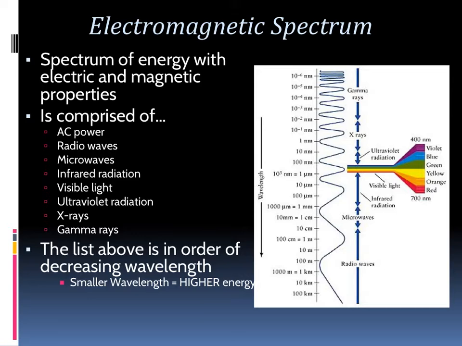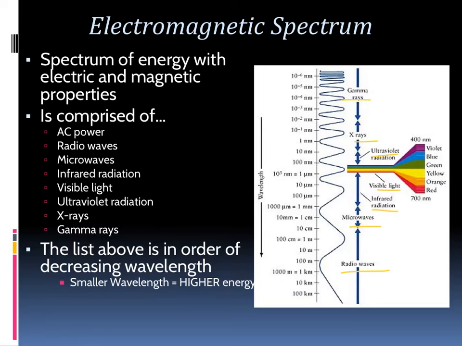I am certain that many of you have seen the electromagnetic spectrum at this point. So you know that it consists of all the light energy that we know of. The primary ones being radio waves, microwaves, infrared, visible light, ultraviolet, X-rays, and gamma. And in the order I just read them, that is in order of increasing energy, meaning in order of decreasing wavelength.